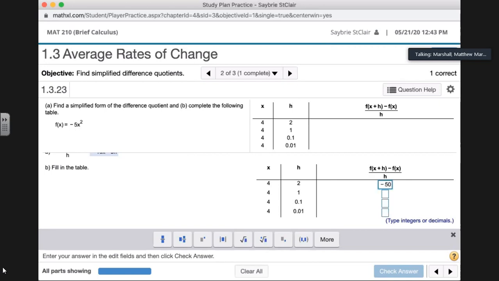Oh no, the first equation. Oh yeah, negative 50 and then negative 45. And then that was negative 40.5.